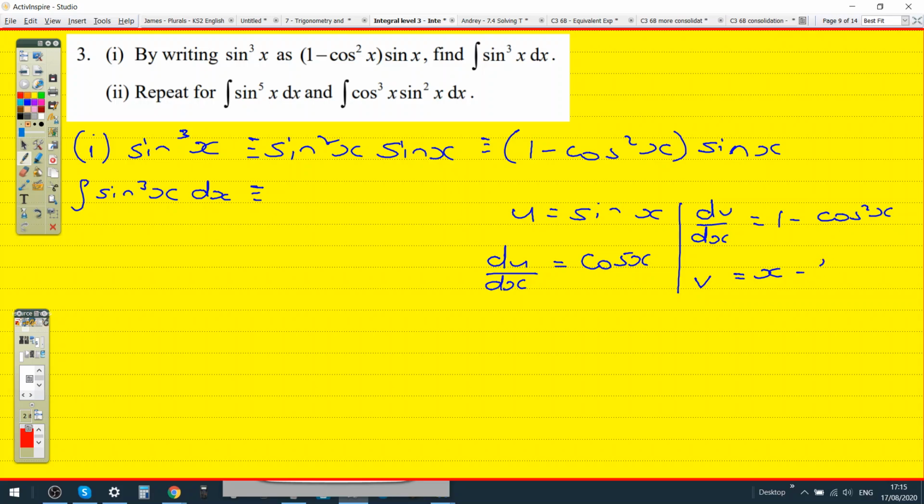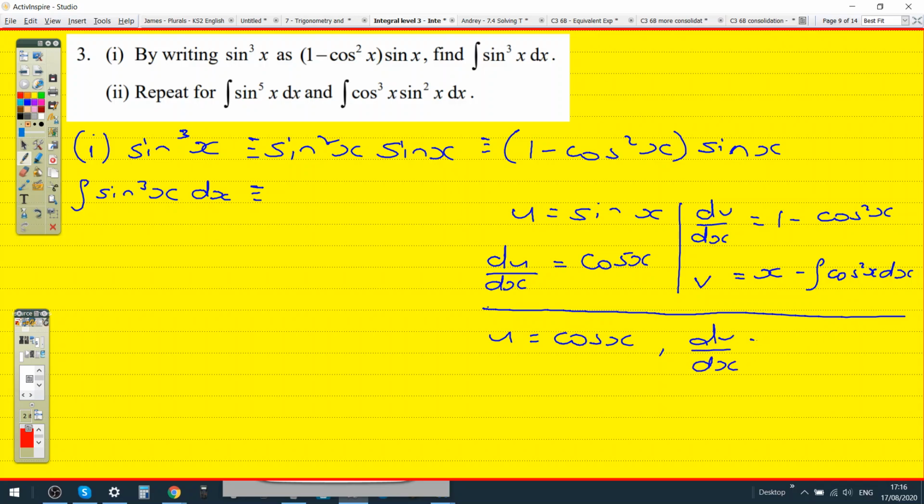This part here, the integral of cos squared x with respect to x. Is cos squared x integrated like minus a half sine 2x or something? I don't know. I might have just made that up. Might be onto something there. You could always say u equals cos x, and dv by dx is also cos x.